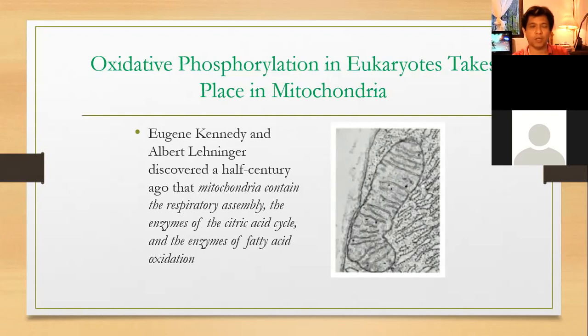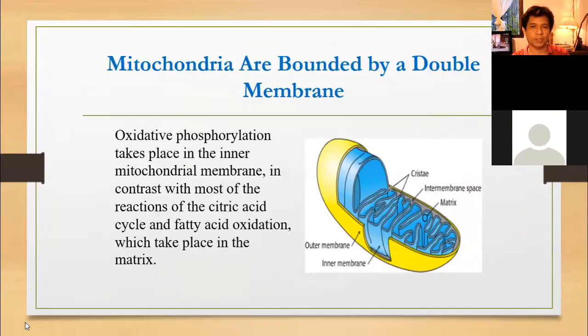And then later makikita niyo pag nag-discuss tayo ng beta oxidation, nasa matrix din yun. So unlike sa oxidative phosphorylation, nandito siya sa inner membrane, nasa inner membrane yung mga enzyme ng oxidative phosphorylation.